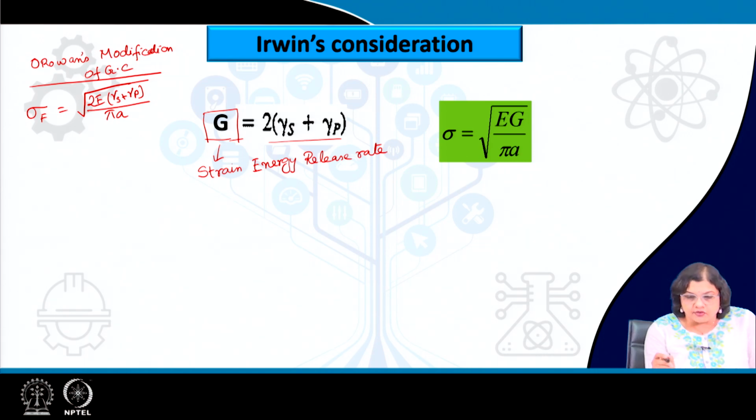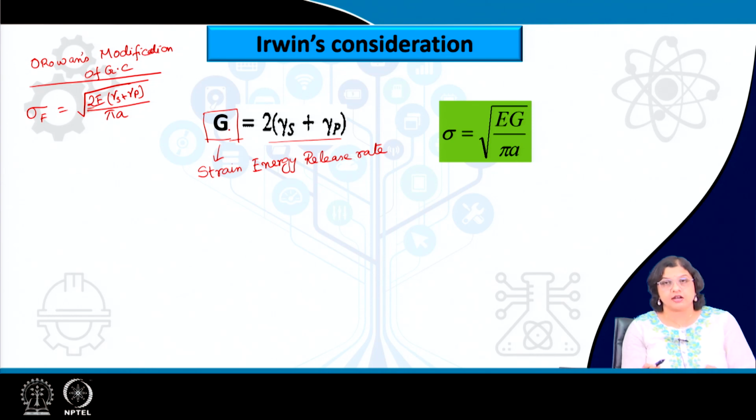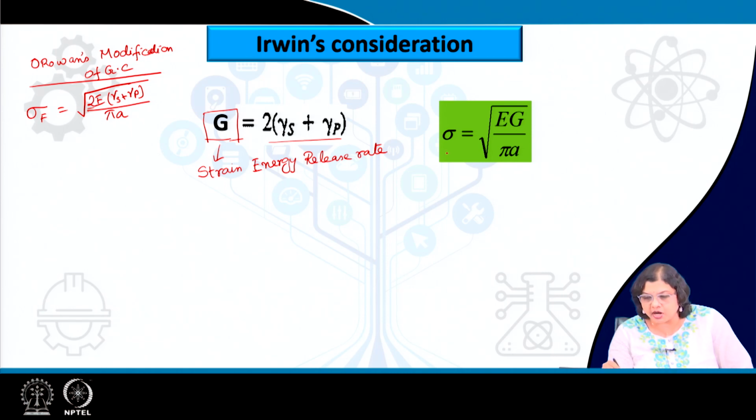So, Irwin has moved a step forward and considered this entire thing, gamma s plus gamma p, as nothing but G, the strain energy that is being released per unit advancement of the crack. In that case, sigma as per the Griffith criterion or Orowan's modification turns into sigma f equals root over E G by pi a.